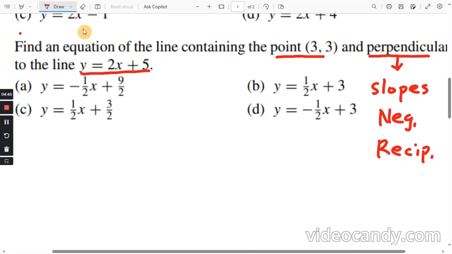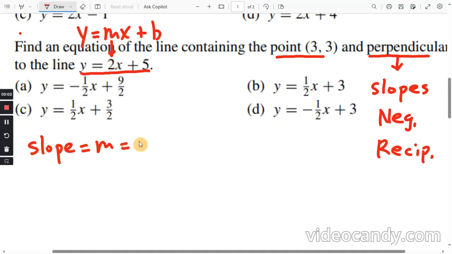All right, so just like the previous problem, in order to find the slope of the original, and the original line is in the form of y equals mx plus b, you look at m, the number that's times x. So m, the slope equals m, which is 2.